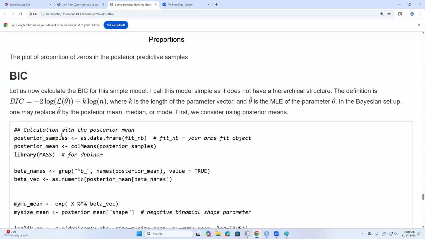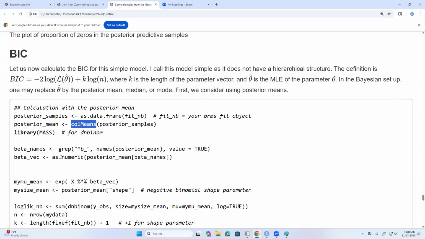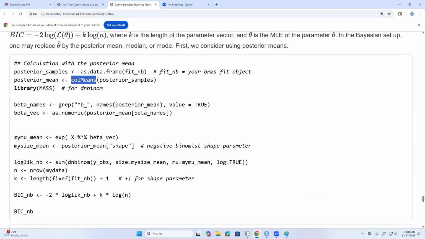So here, let us calculate BIC using the posterior mean. You have the posterior samples from the negative binomial distribution. Calculate the posterior means, just take the column means, and calculate the log likelihood. In order to calculate the log likelihood, I use this negative binomial log likelihood, dnbinom with log, for the observed outcome.